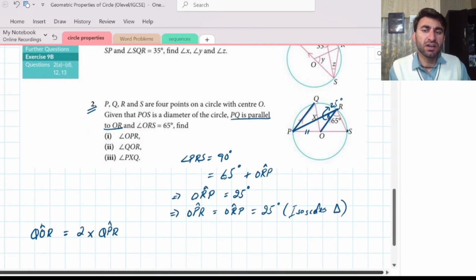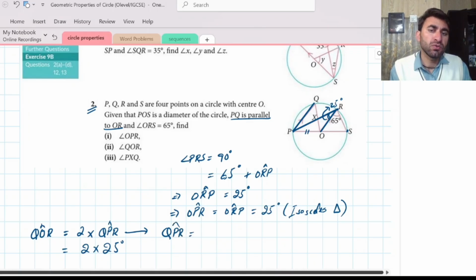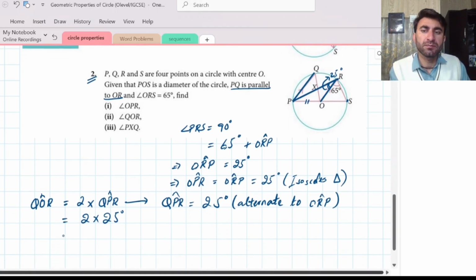So angle QPR is also 25 degrees. And why is it so? Because that is alternate to angle ORP. So the angle QOR shall become 50 degrees. So the first two parts are done.